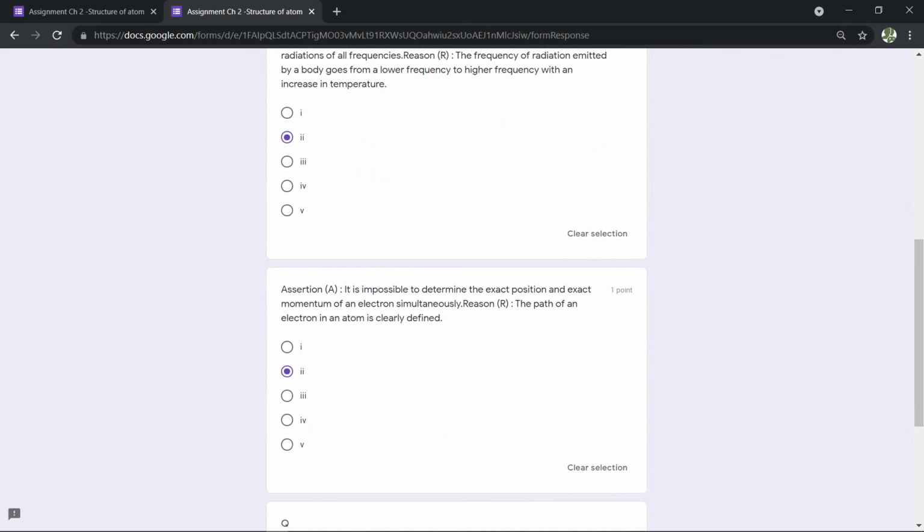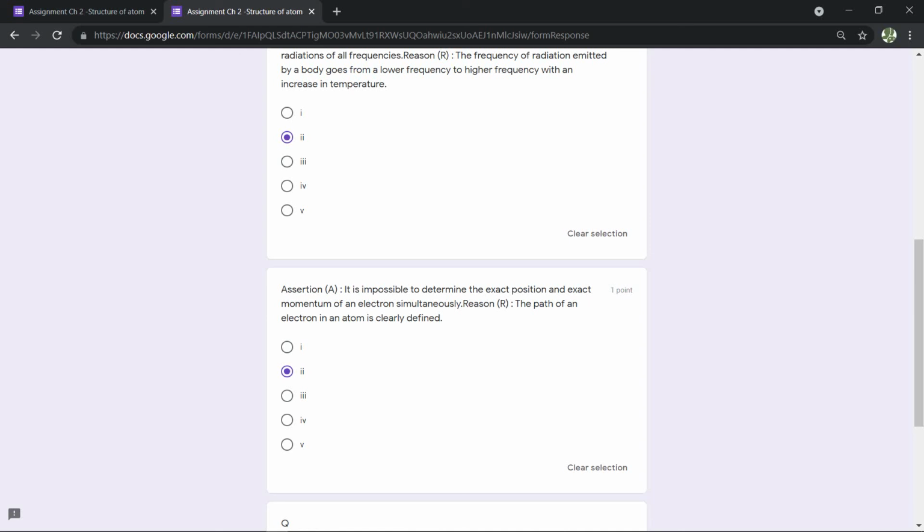Ma'am, I sent the screenshot of that question in the group. Okay, then it's better for me. The frequency of a radiation goes from a higher frequency to the... See, this is wrong actually. What we know, as I told you in black body radiation, is that finally its color changes. As the temperature increases, what happens?